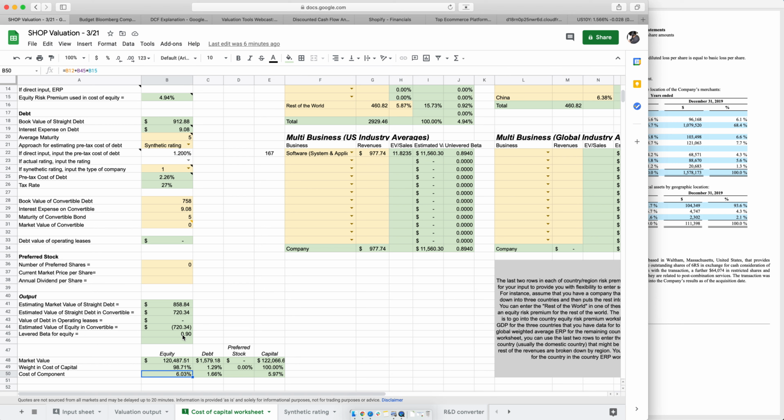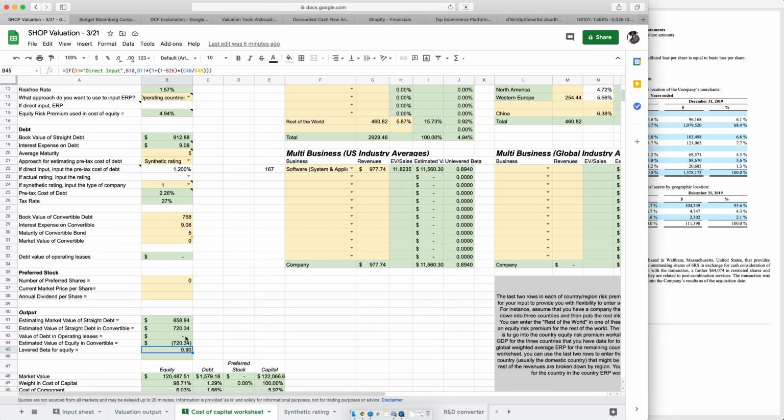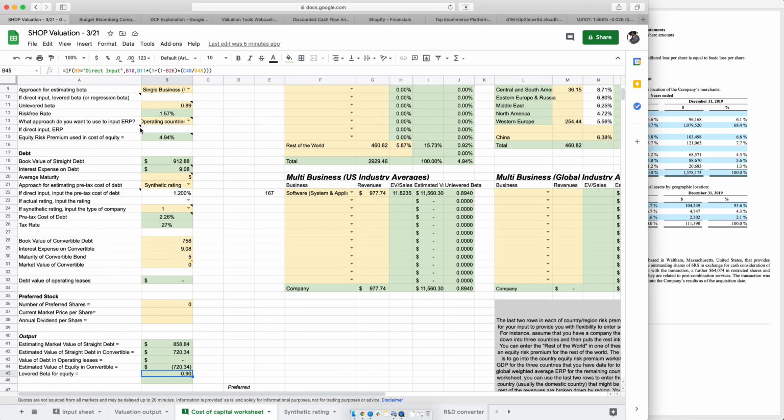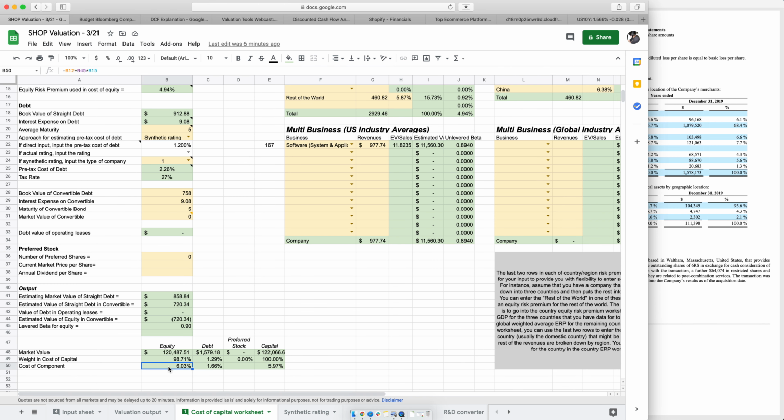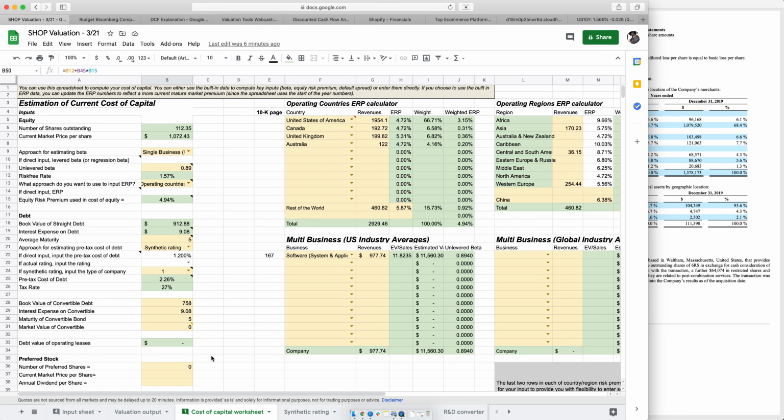I'm actually not quite sure why we use the levered beta here, and there's some stuff with this beta that I need to look into. But at a high level, we're taking this equity risk premium and adding it to our risk-free rate, and that will give us the cost of equity, which in this case is around 6%.